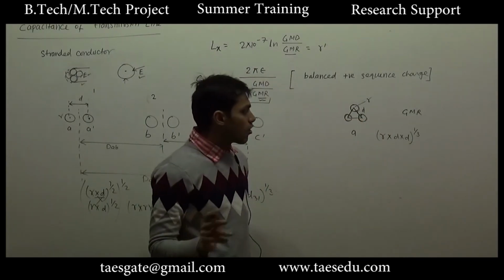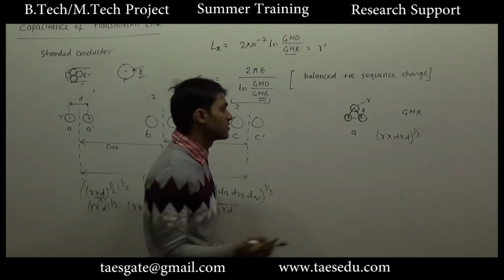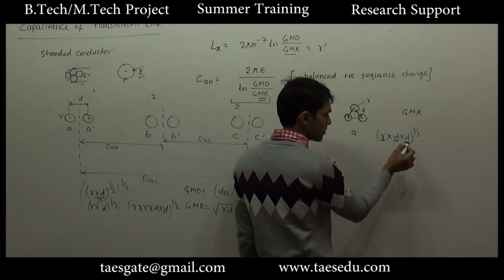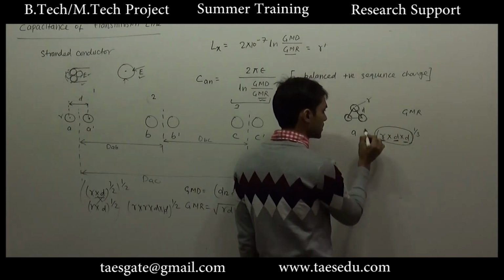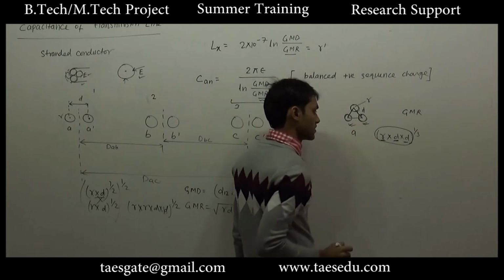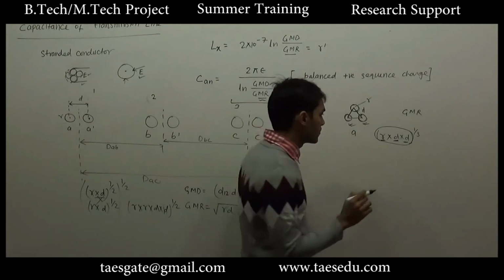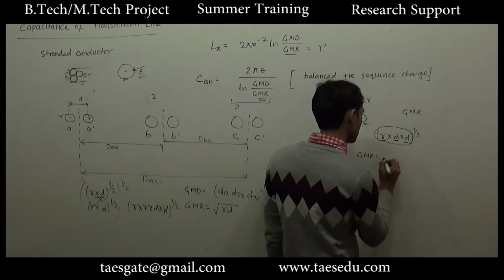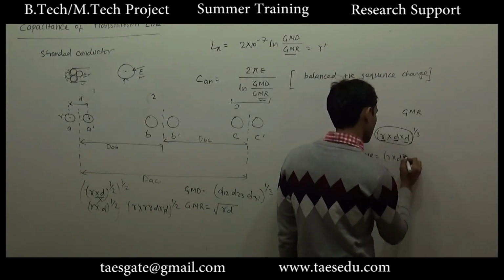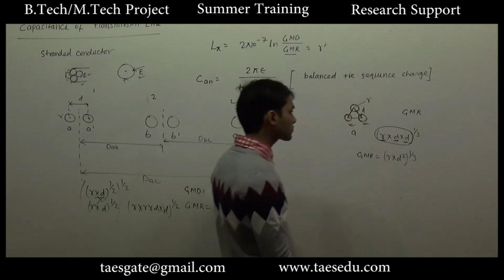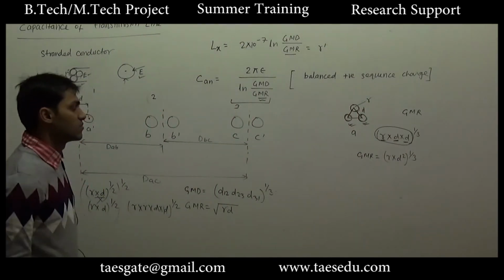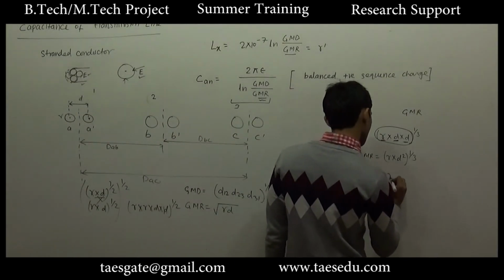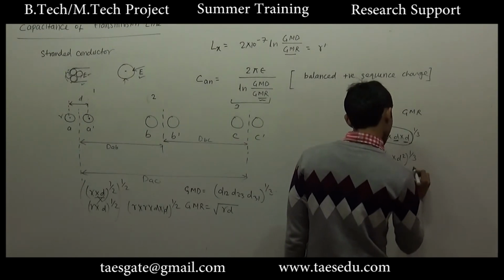So overall, how many different types of distances do we have? r, d and d. So we will multiply three distances, because the same three distances are applicable for the second and third conductors. So overall we have three types of distances here only. So the overall GMR will be r into d square to the power 1 by 3. Similarly for a conductor of 4 strands, this will be r into d cube to the power 1 by 4.